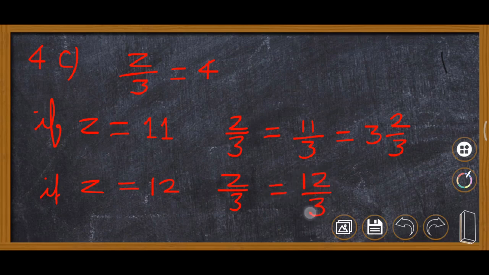And when we cut this 3 and 12, then answer is 4. Now here you can see that when we put z is equal to 12, then the answer is 4. Hence z equals to 12 is the solution.